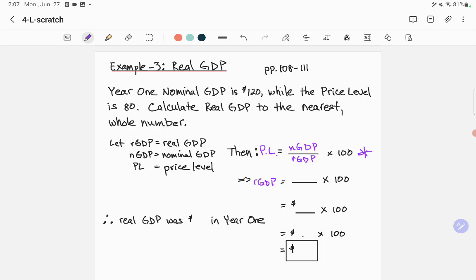So, what's going to be bigger, nominal or real? Nominal. Why? Which price is being used for nominal? Current. So if prices are almost always going up, what's going to be greater, current or the base year? Current. So which one has to be on top if price level is above 100? Nominal.